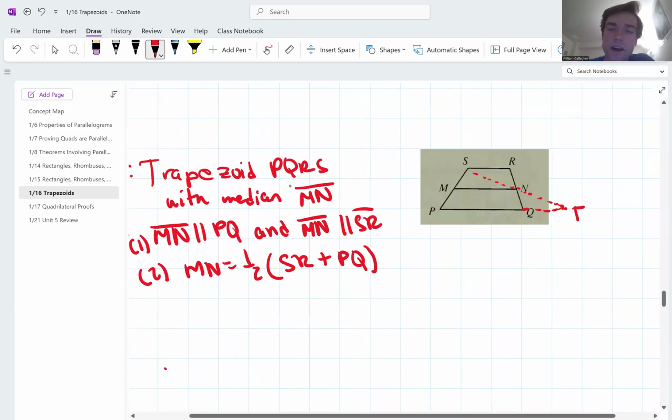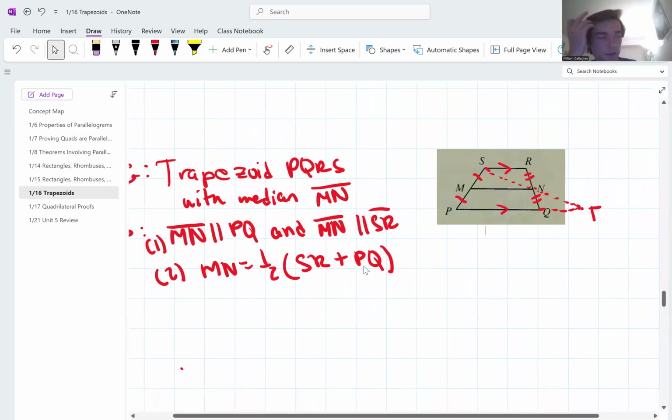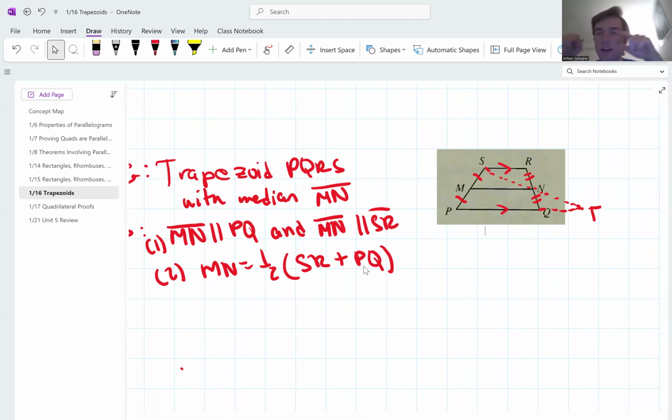So SM is congruent to MP and RN is congruent to NQ. We've got that, and we also know that SR is parallel to PQ. Because the median is coming from the legs, in terms of what a proof looks like with trapezoids, you'll see that a little bit more tomorrow. But for right now, this is what our picture looks like.